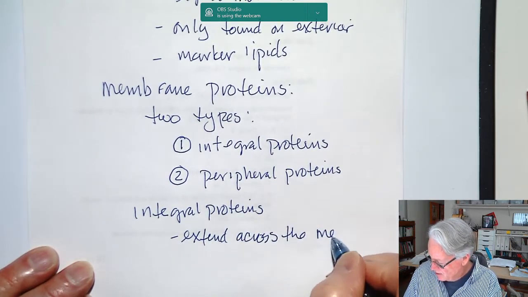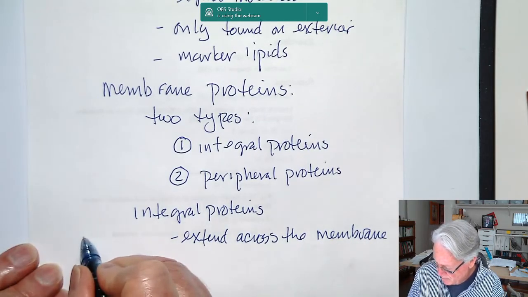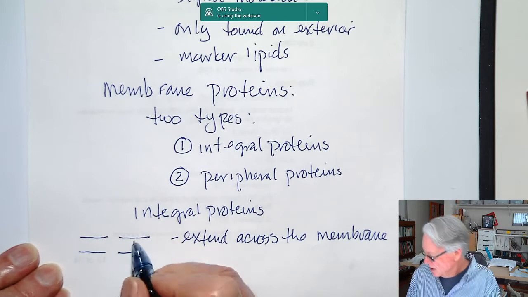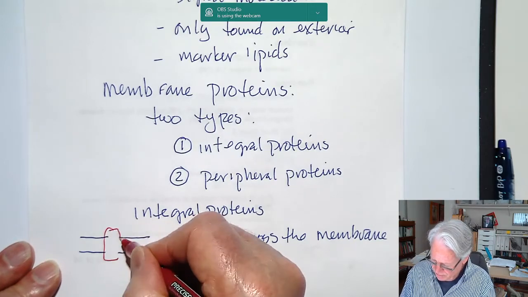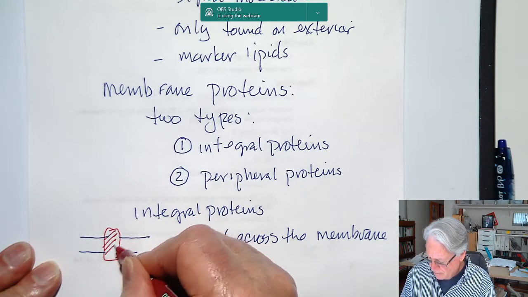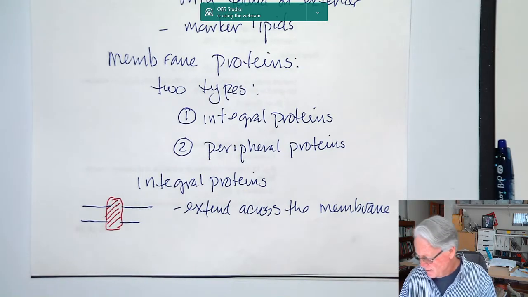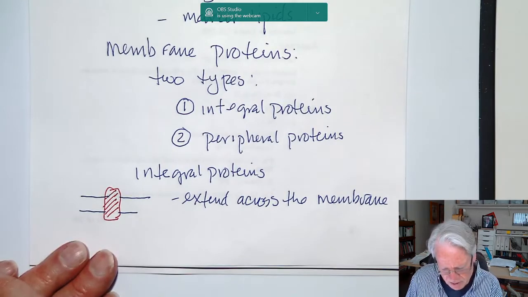So they're found on either side of the membrane. So if this is my lipid layer, and I'm not going to go into the details with the little heads, but what we'd see is a protein that spans the whole length of the membrane. That's your integral protein. Okay.